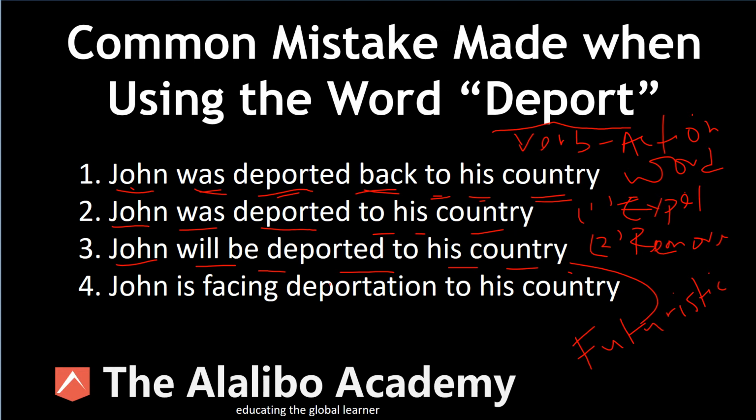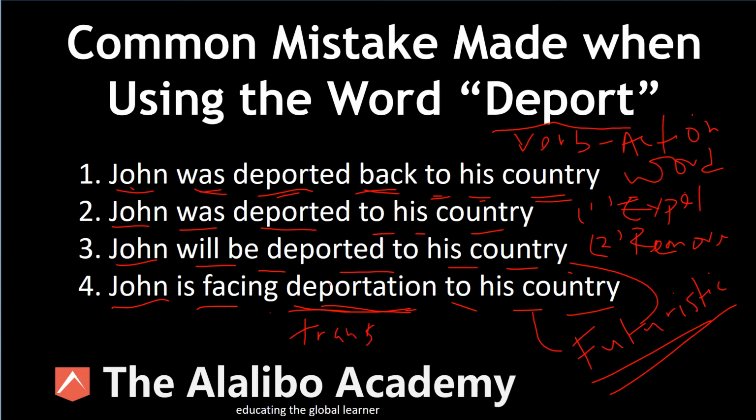And the fourth one is John is facing deportation to his country. All right? So this is also futuristic, because it hasn't happened. He's facing deportation, and that's coming up. And here we use deportation, which is a transitional verb, right?